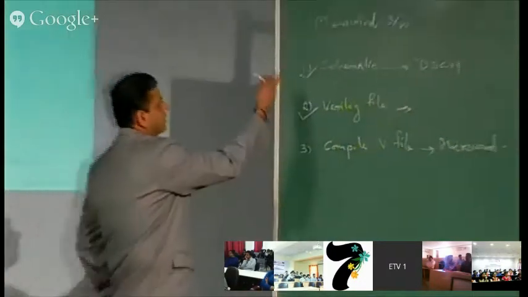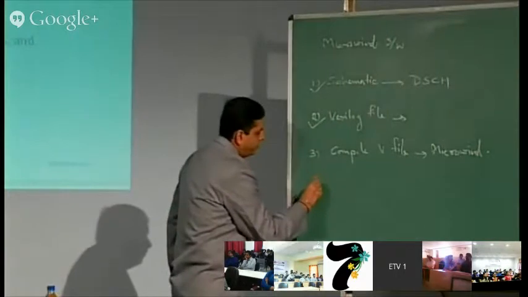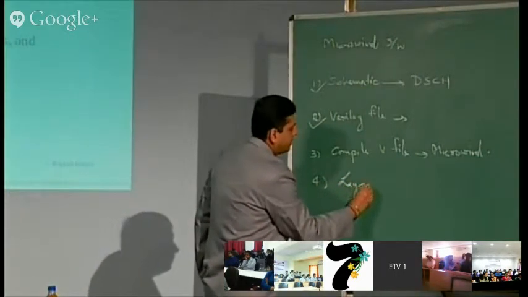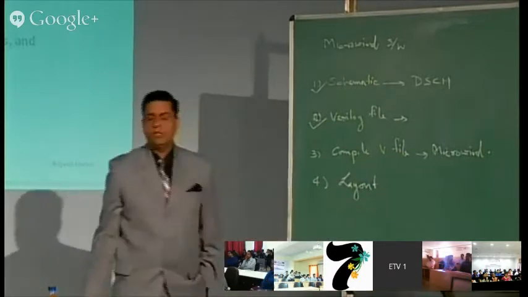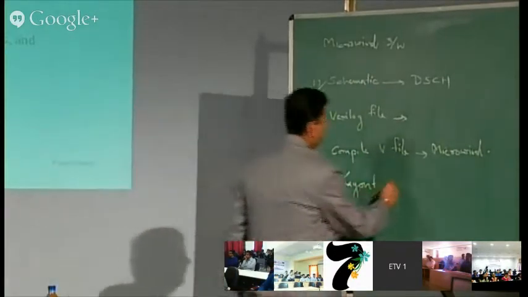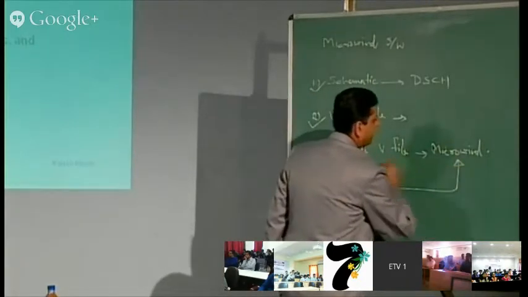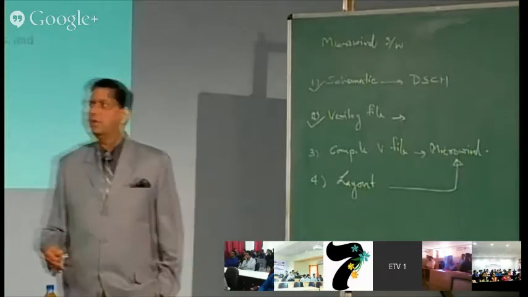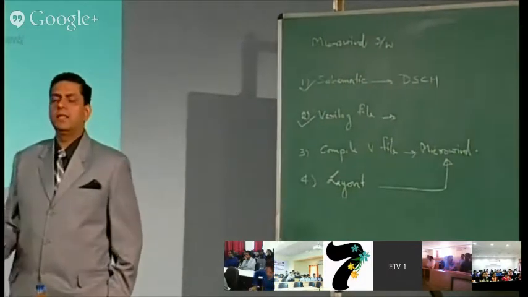If you don't have these things and you want to create your own layout, then you can straight away work in Microwind. You are going to create your different regions.